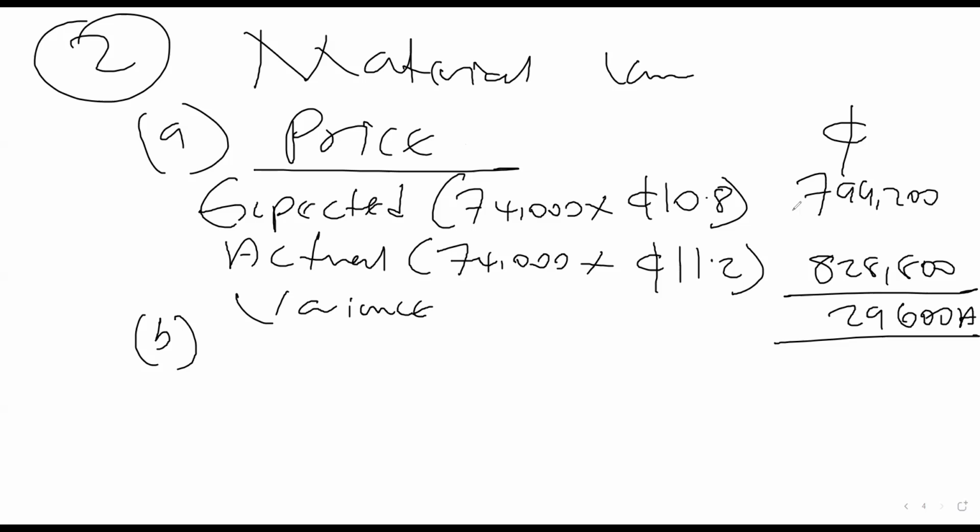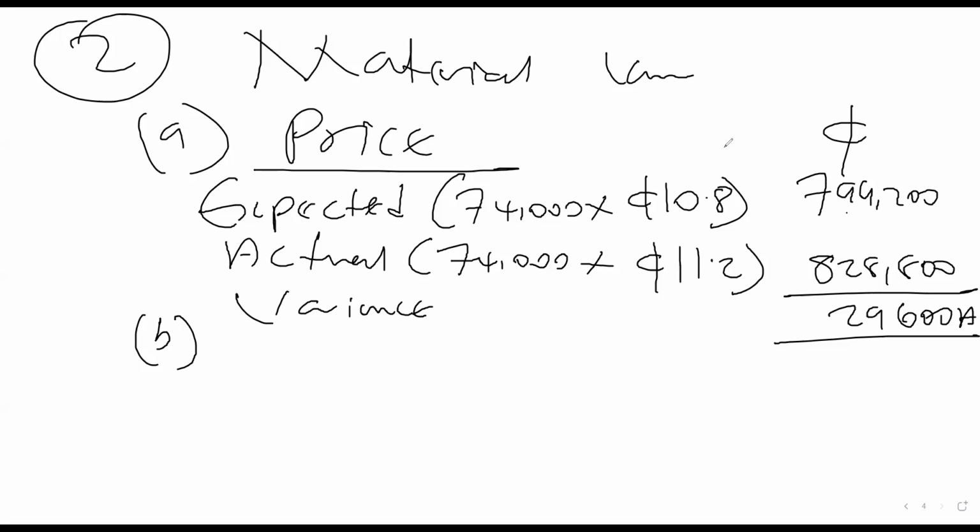When the actual price is much more than the expected price, it creates an adverse variance. We will normally write them positive. It's only when you use the formula that you get negative and positive. In this approach, whether adverse or favorable, I'll still write positive. I won't write any negative here because of the principle base.